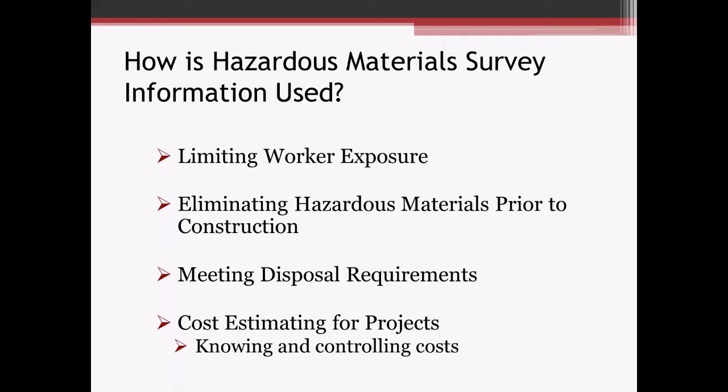Or if the general contractor plans on doing all the work and he's got a mold issue there, well, he at least has to make sure his workers are going to be aware of that and protected against a mold exposure. Whereas with an asbestos exposure, you need a licensed contractor to go and remove that, so they get it out of the way. But it's all tied into that worker exposure.